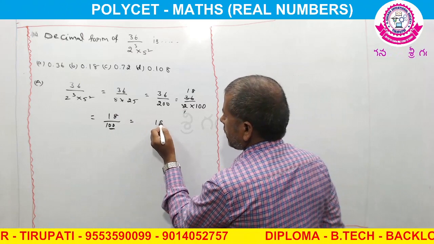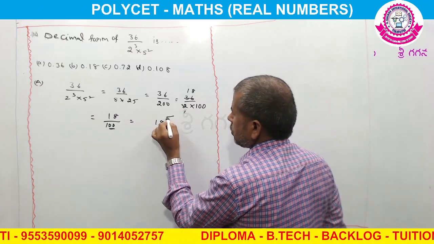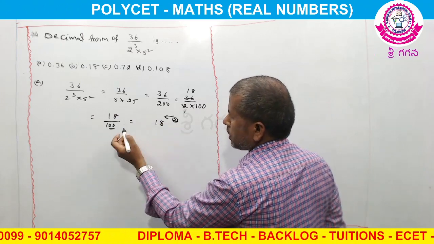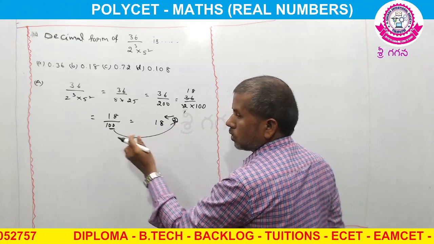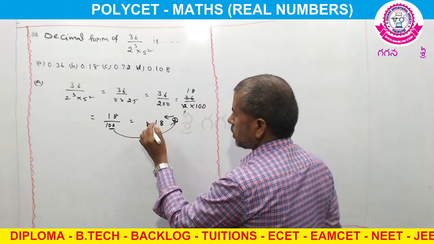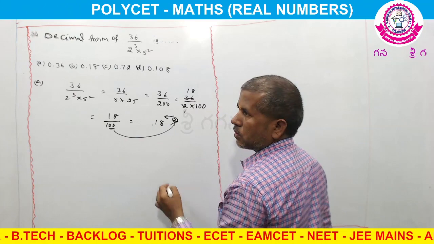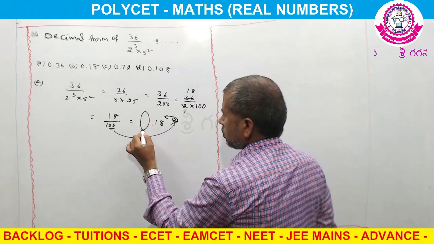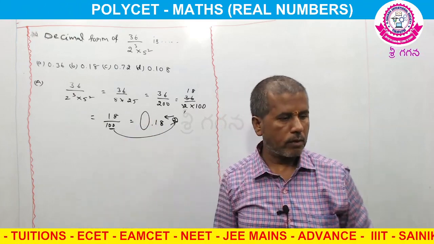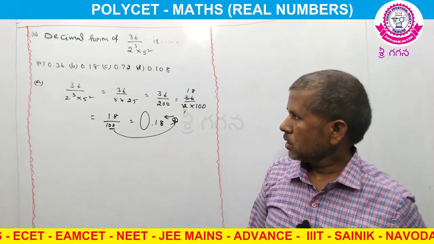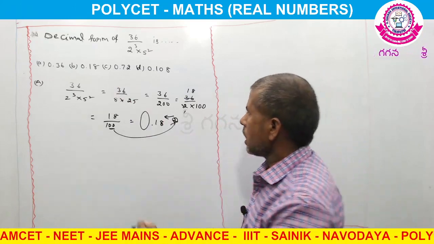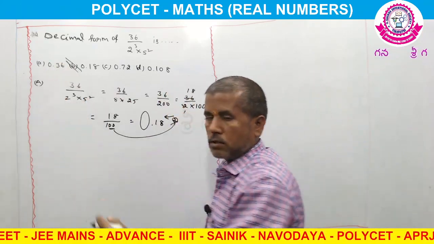So 1 8, 1 8. Because of 2 zeros, 2 numbers after the point, and before the point there is no number, we assume 0. So 0.18 is the answer. Very simple.